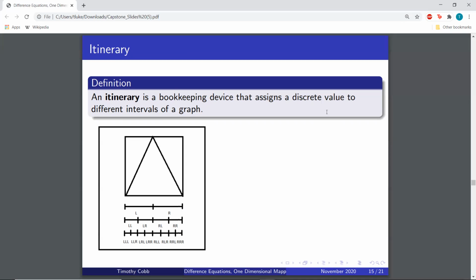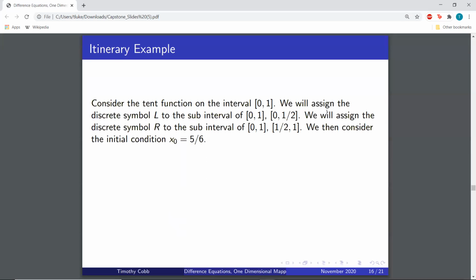And what an itinerary does is it looks at where each element of the orbit lies within the interval that your function is on, and then it assigns a discrete symbol, either L or R, to it. And so when we look at an itinerary, we can see how a function behaves over a long period of time quite quickly. So we're going to be diving into an example of an itinerary.